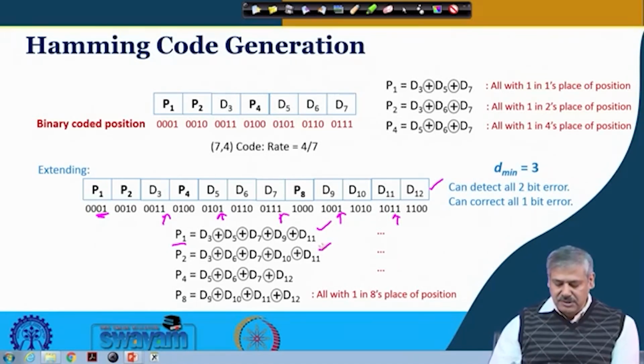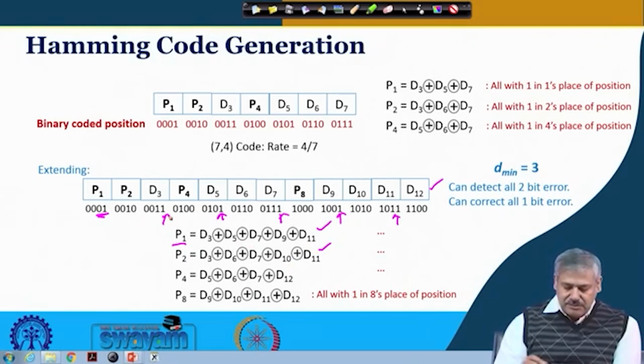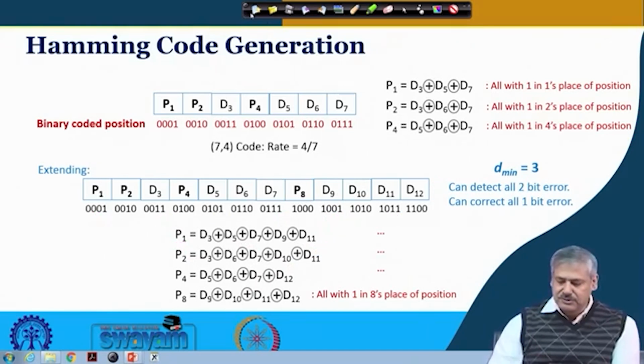Similarly, P2 will look at places where there are 2. So D3, D6, D7 are already there. You can see that D10 and D11, these two, join in P2 generation when there are 12 bits, a 12-bit code word. For P4, D5, D6, D7 were already there.